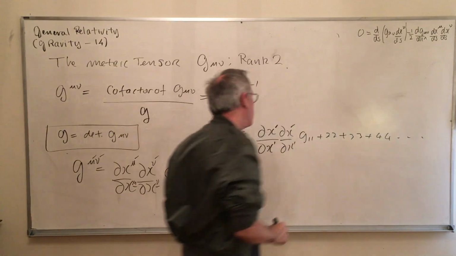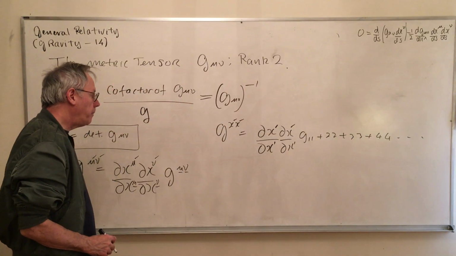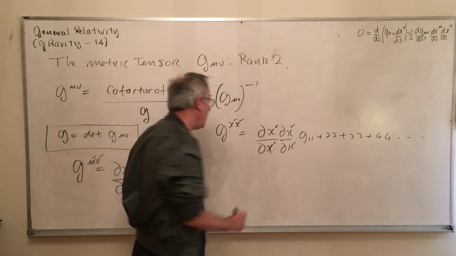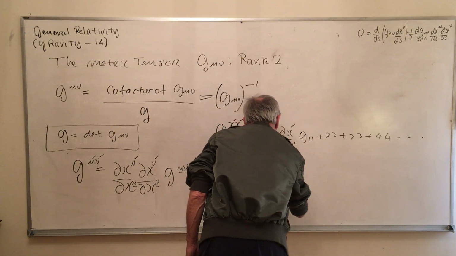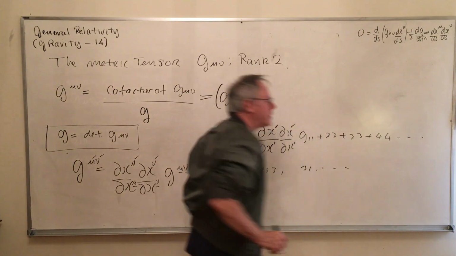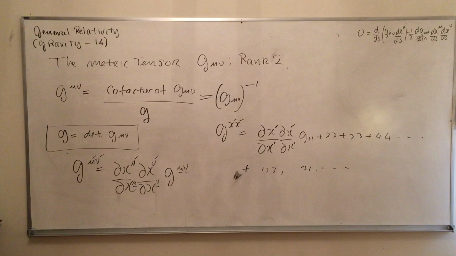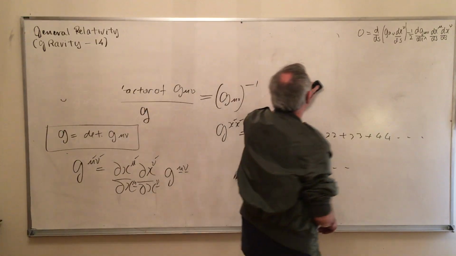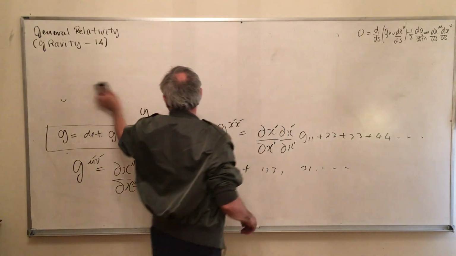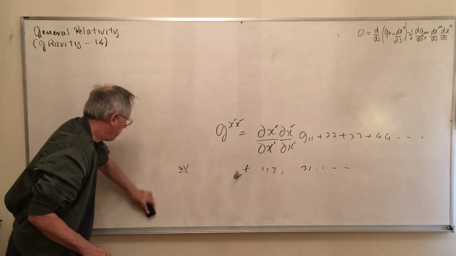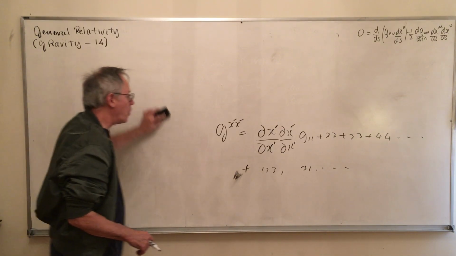For a diagonal metric, it would just look like that. Okay? So far, so good. If there were off-diagonal elements, you would just go 1, 3, 3, 1, etc., and all the other possibilities. Okay? That's how the metric tensor transforms.